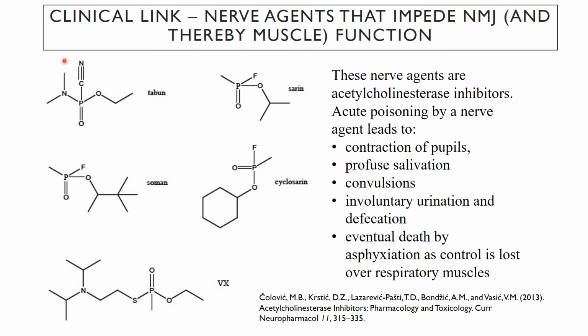And some of you may recognize some of these names, in particular sarin, sarin gas, and VX. This was widely used in World War I and World War II as chemical warfare, particularly in World War I. Sarin as well. In fact, this is how chemical warfare works. It's these kinds of chemicals that act as acetylcholinesterase inhibitors.